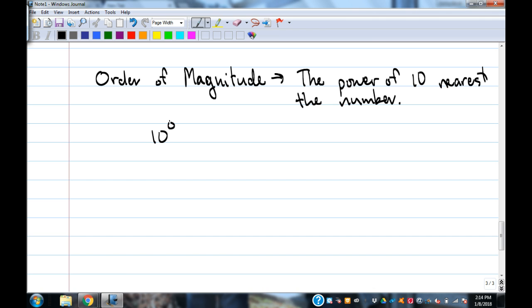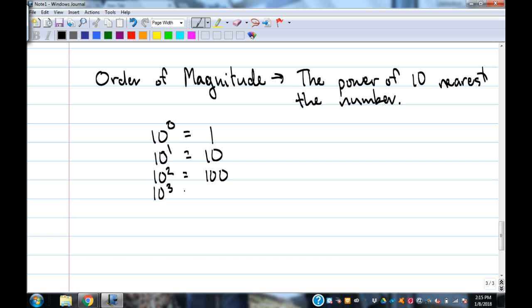Okay. So what are the powers of 10? Well, 10 to the 0. How much is 10 to the 0? Does anybody know? 1. Anything to the 0 power is 1, always. That's a definition rule. 10 to the first power would just be 10. What's 10 squared? 10 times 10 is 100.